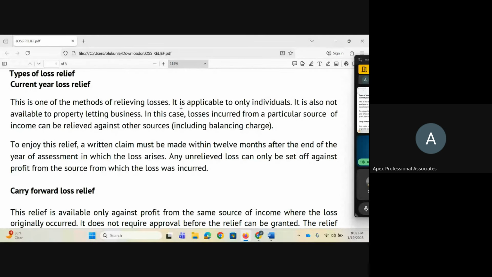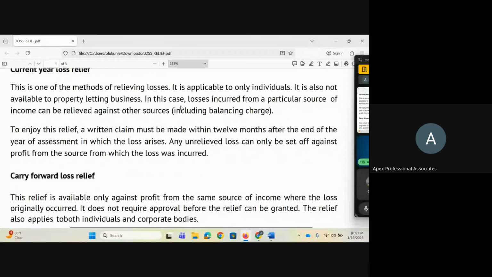The idea is that if you make a loss from a business or a source of income, you can reduce it from another source of income. Let's assume this is a paid, taxable class and I make a profit from teaching you. Then I also sell clothes and I make a loss from that clothing business.